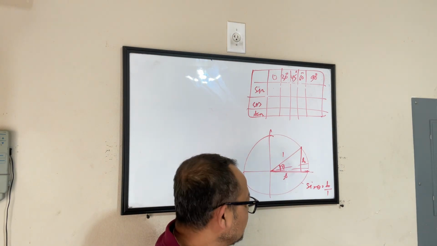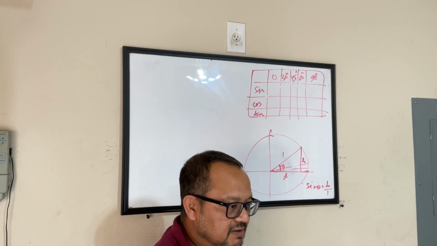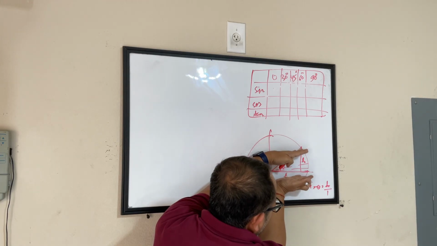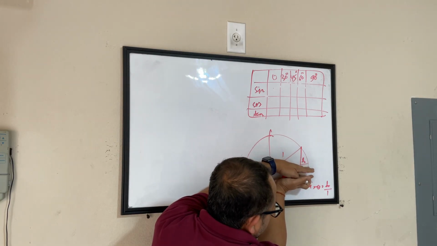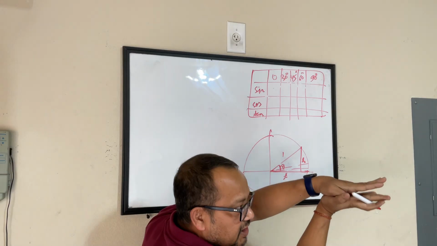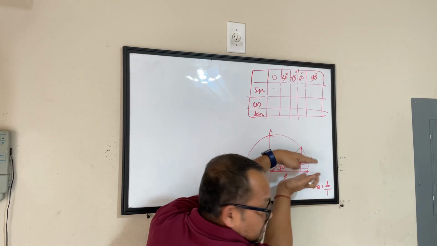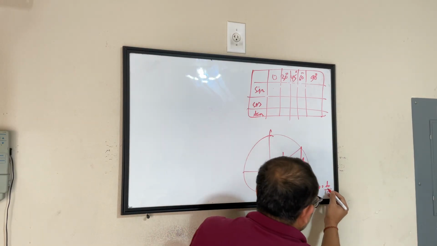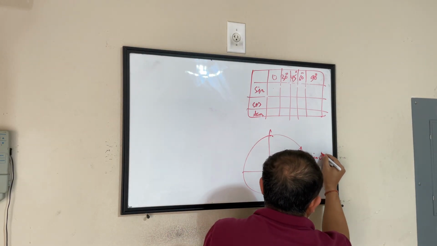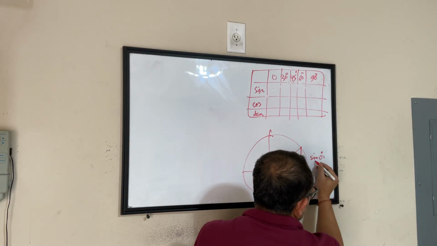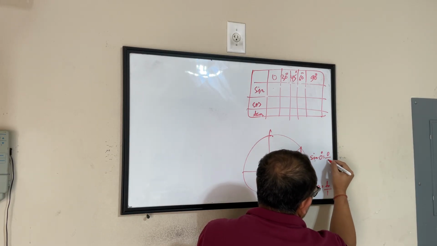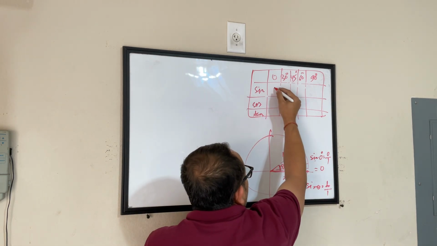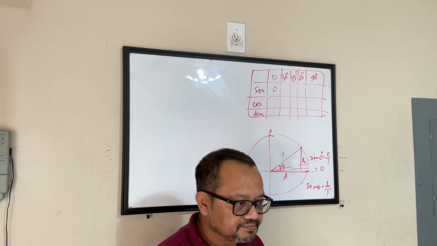H becomes 0, right? When this angle theta becomes 0, this line moves towards the horizontal axis and literally coincides. Your height became 0, isn't it? So that means your sine 0 degree equals 0 by 1, which is nothing but 0. So one corner of the table is filled.